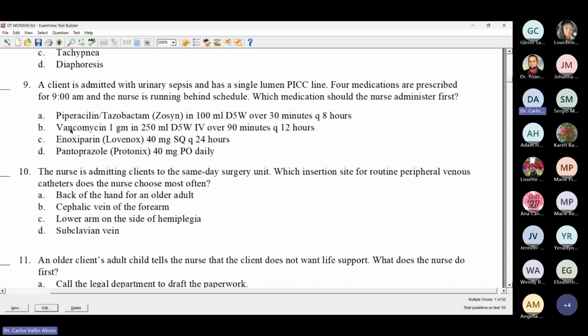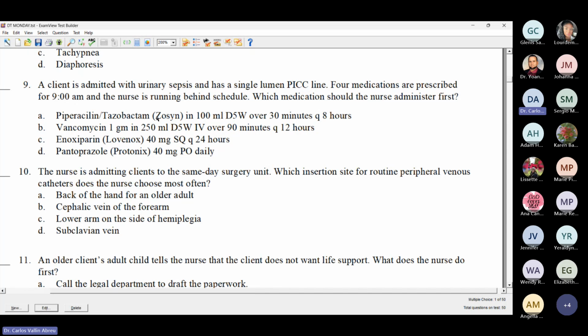So if I start first the vancomycin, it is going to take 90 minutes, 1.5 hours in passing. So I need to wait 1.5 hours to then give the Zosyn.